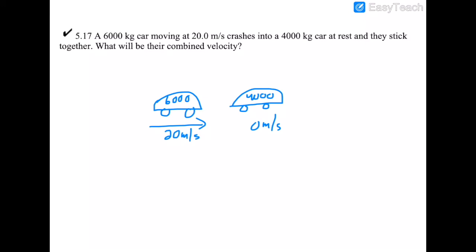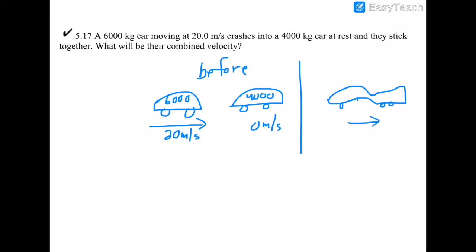So this is before, right? Okay, after it's a big messy car mass. And what is the velocity afterwards of this car? Well, what would the mass of the car system be afterwards? Now they're one big object, right?